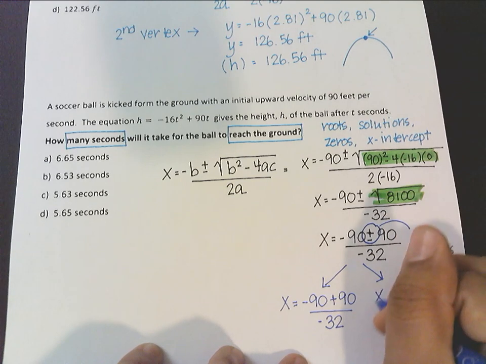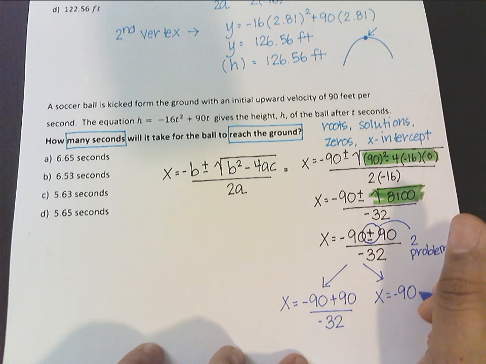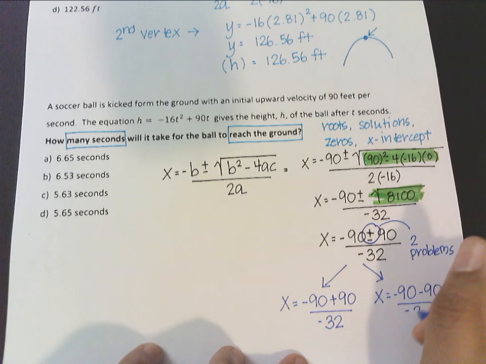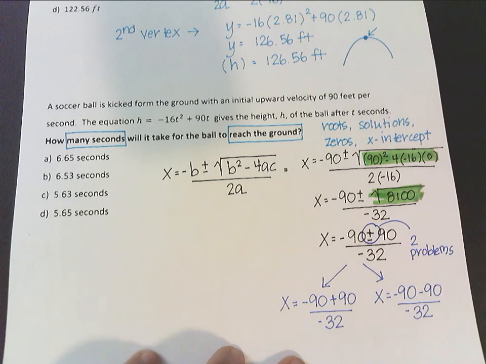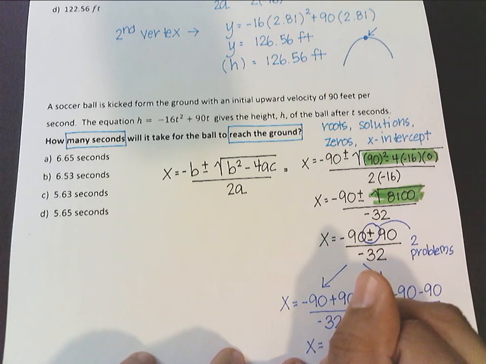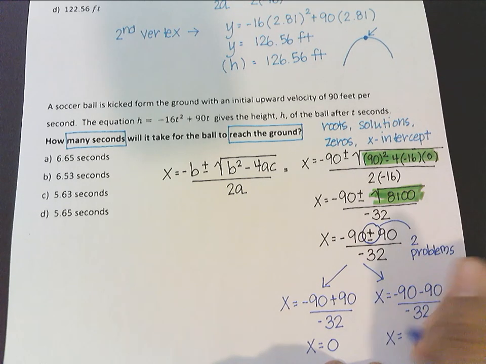And the other one is going to be x equals negative 90 minus 90 divided by negative 32. And so this one's going to be x equals 0, and this one's going to be x equals 5.6 or 5 6/10.